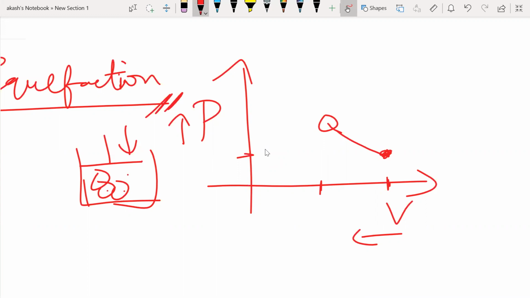Now at that time, the pressure is not going to change, right? So you will see something like this. Am I doing it correctly? Liquefaction curve.